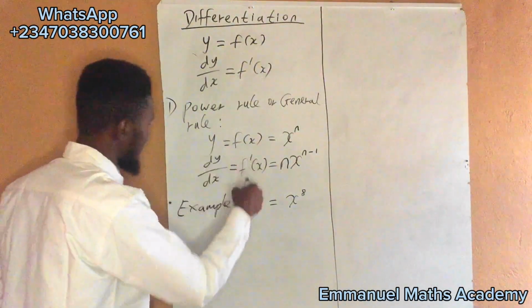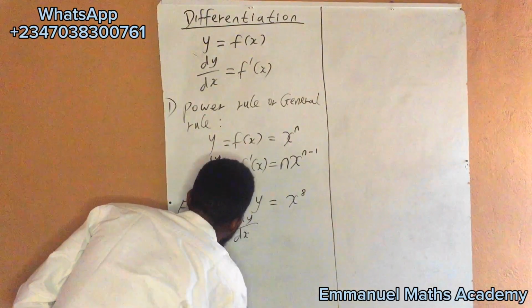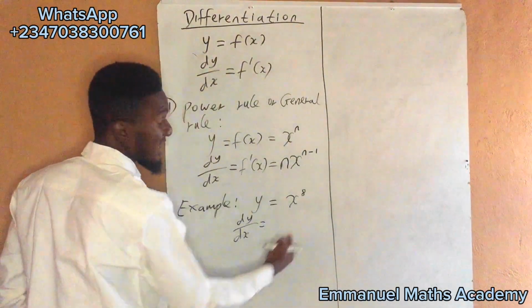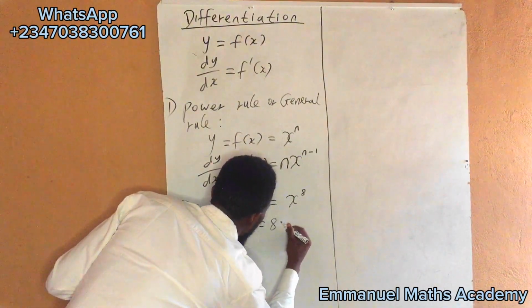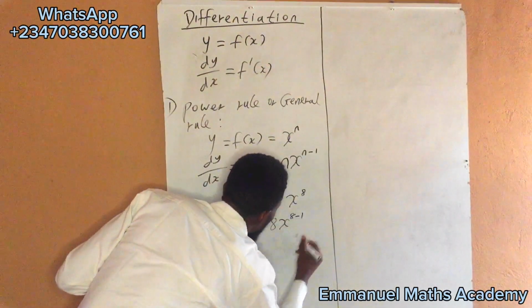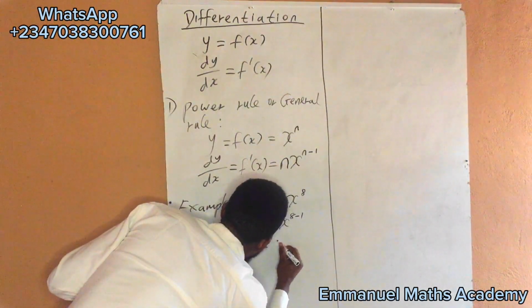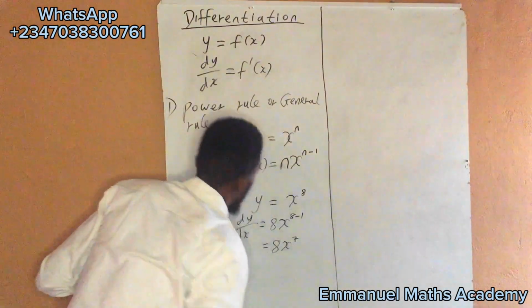The dy/dx here is equal to what? You use this 8 to multiply the base. 8 times x power what? 8 minus 1, which is equal to what? 8x power 7.